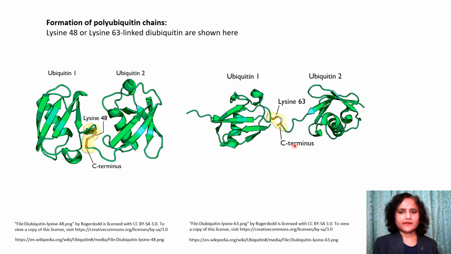And in this case, of course, the orientation has to be slightly different. But here the C-terminus of the second ubiquitin is attached again to the amino group of lysine 63. And so diubiquitin is shown here. But with the help of the respective E3 enzymes, this process of conjugation can repeat to build up a polyubiquitin chain.